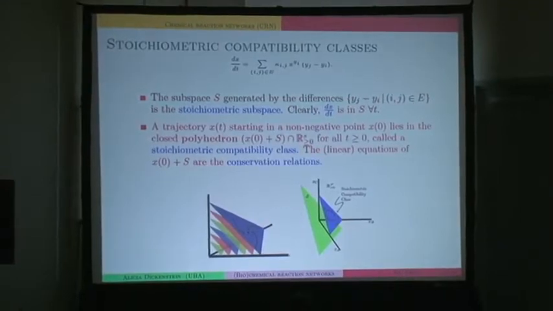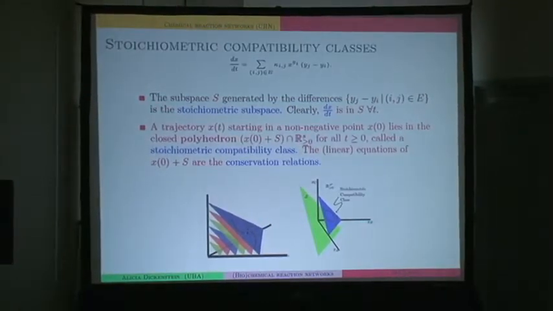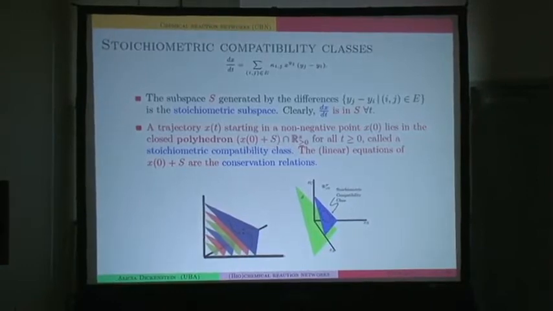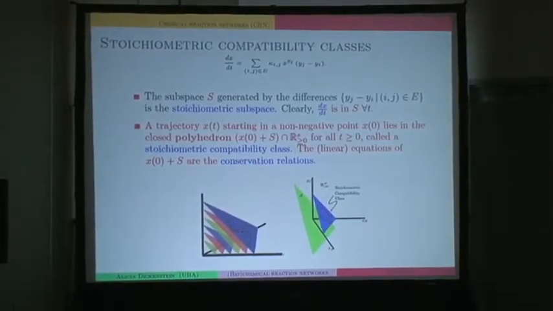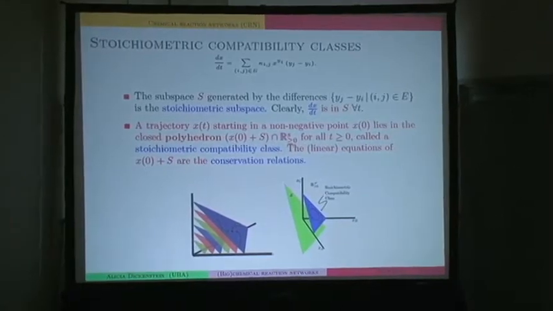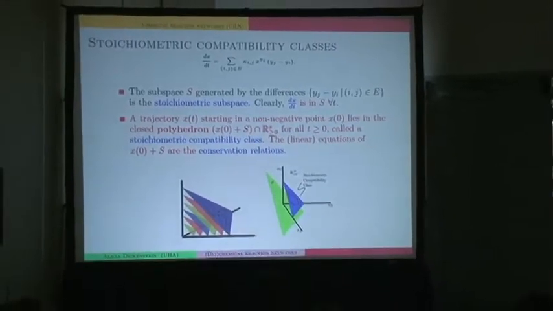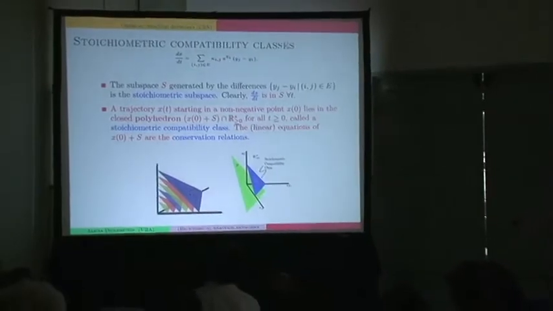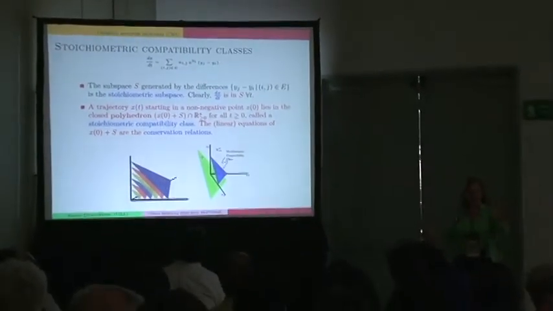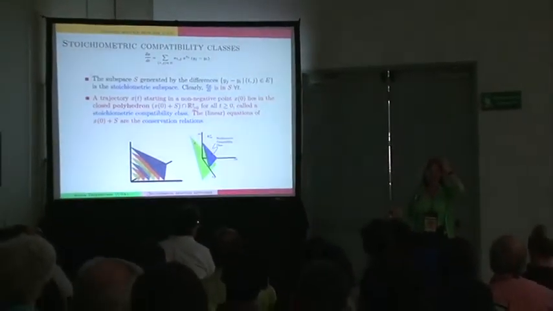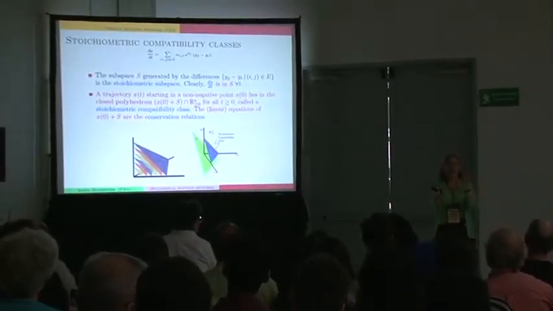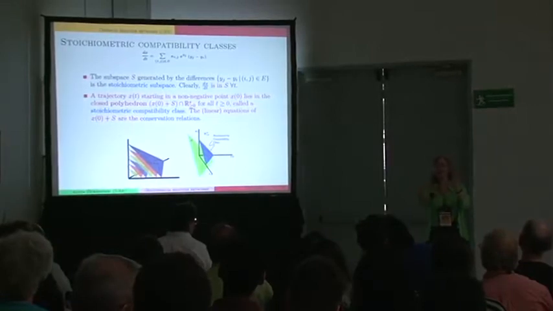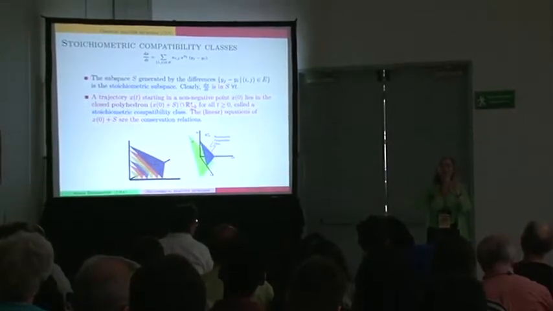Where to start depends on the initial condition, and you have a subspace which is translated to a point in the positive orthant and then intersected with the non-negative orthant. It is easy to see from the form that I showed you in the Hungarian lemma that the non-negative orthant is forward invariant for the dynamics. So if you start inside, some species can go to 0, but they can never become negative.